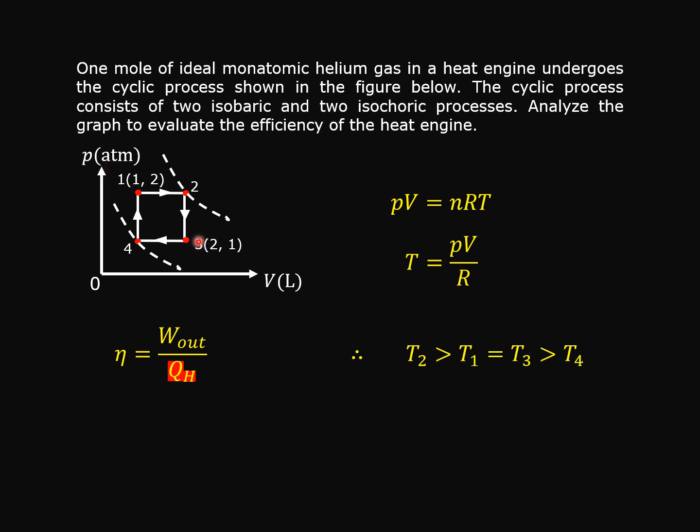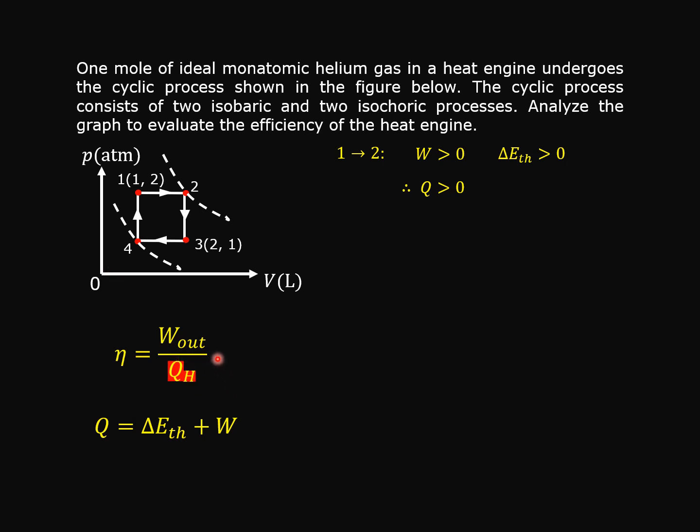And this temperature is lower than state 2 but higher than state 4. So our result of analysis is this: T2 is larger than T1, which is equal to T3, and then larger than T4. So among these 4 states, T2 is the highest in temperature and T4 is the lowest in temperature.